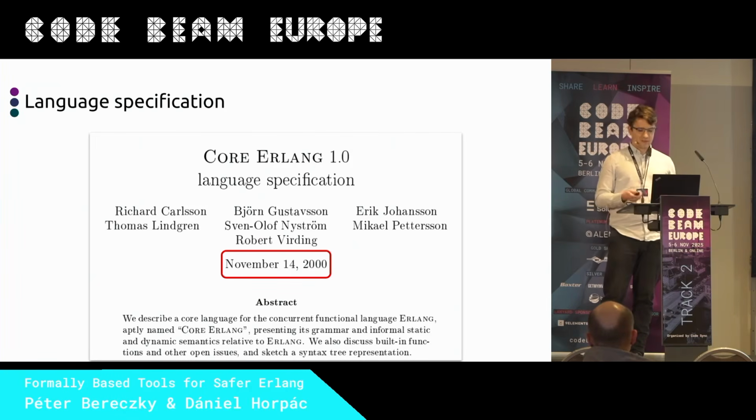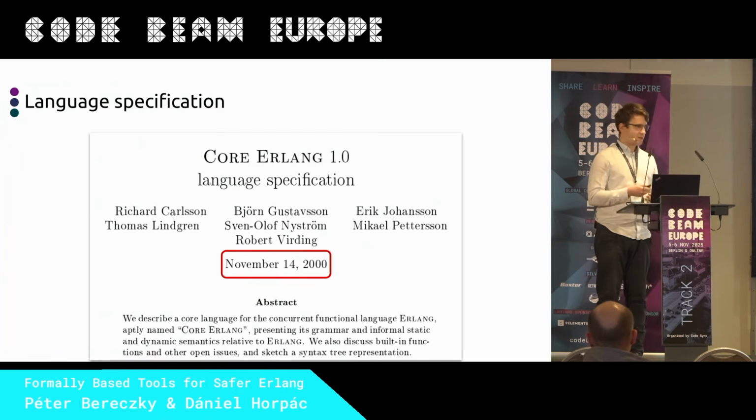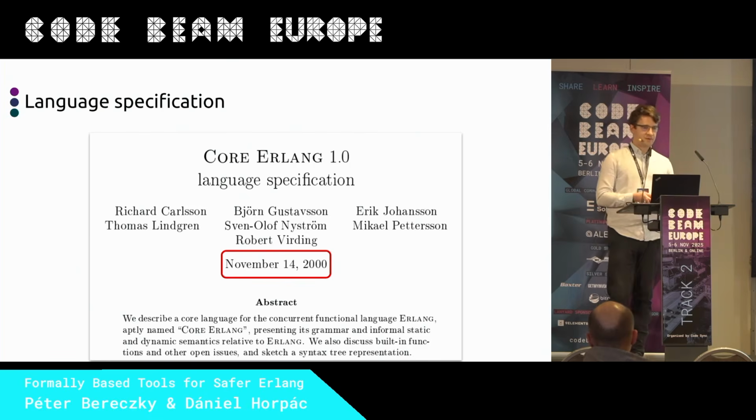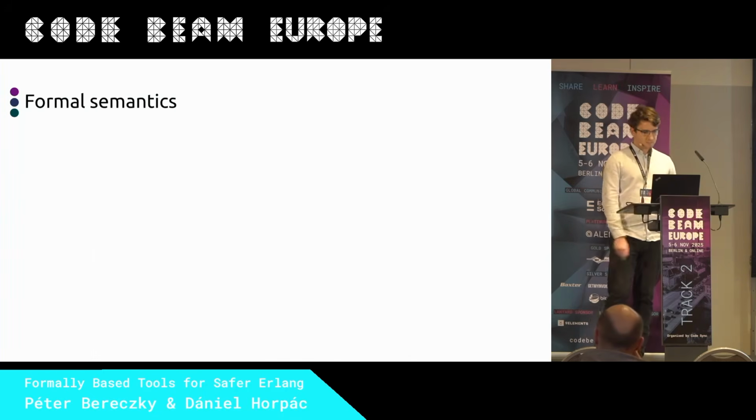So what we did is when we expressed Core Erlang in a mathematical sense, we not only took this specification, but also checked the implementation of Erlang and based the semantics on these two main sources and related researches.